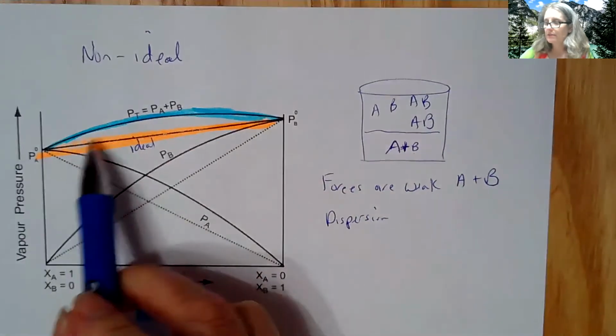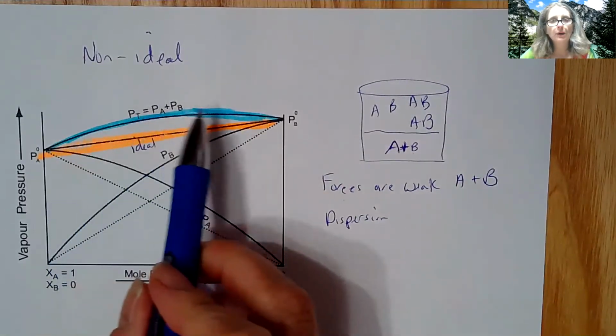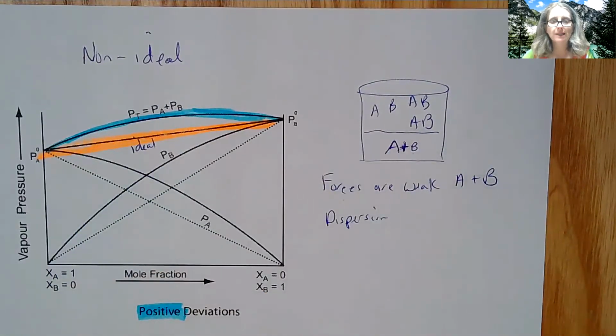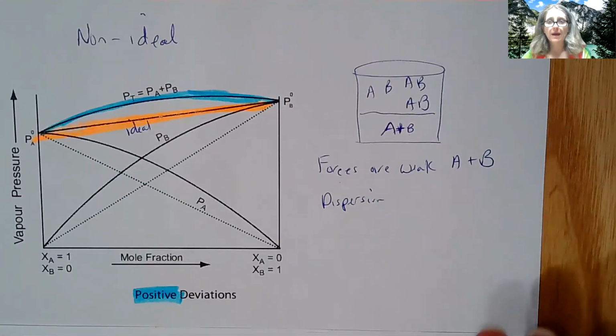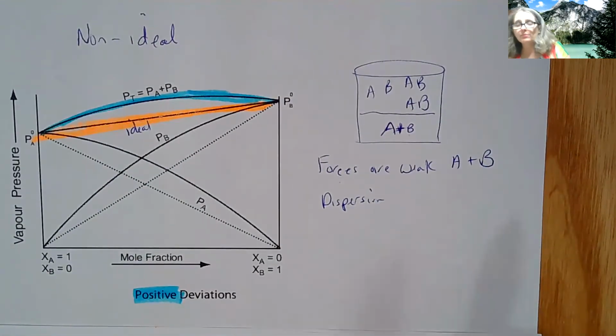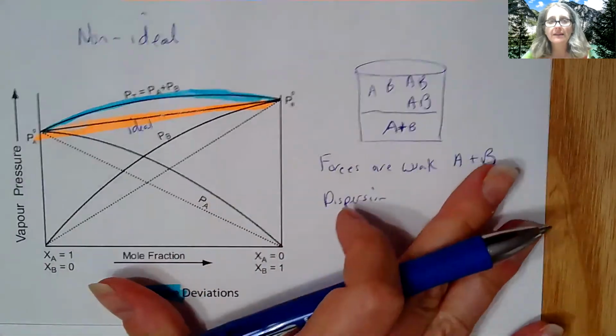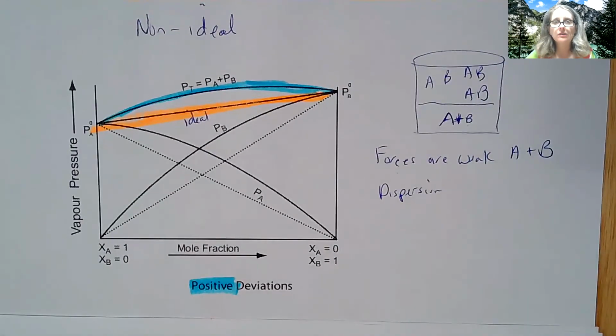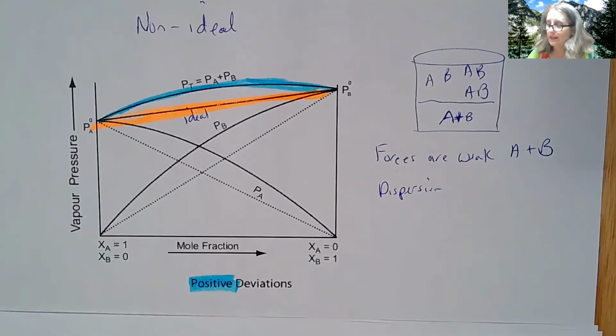A positive deviation means you get a greater pressure above that liquid than you predict mathematically. Mathematically, you add up A plus B, just like you did with the ideal, but the number that you produce in the calculator is a much higher value.